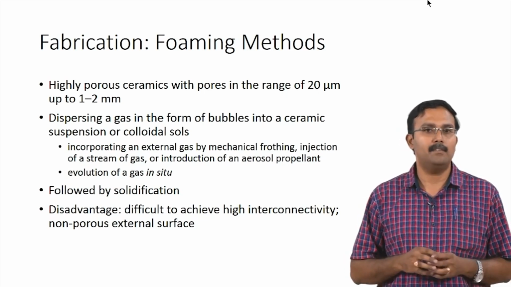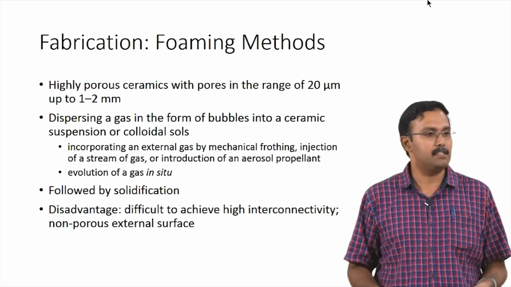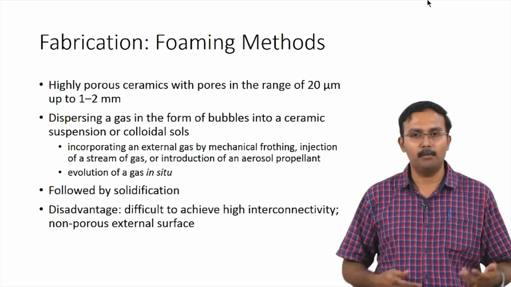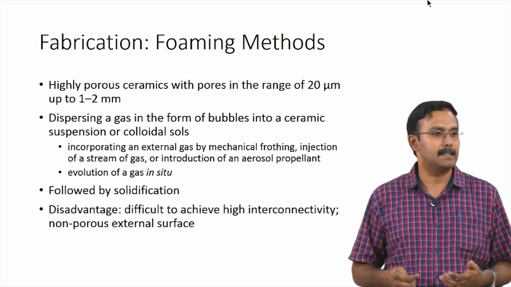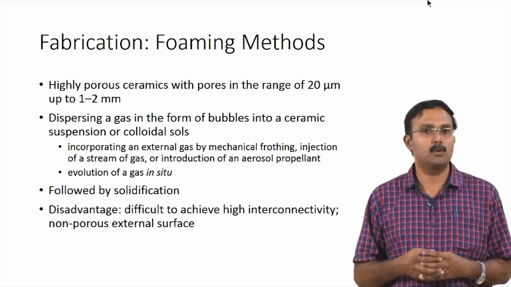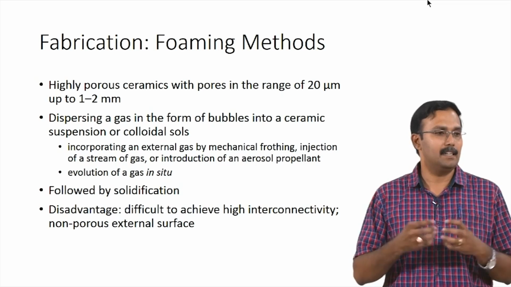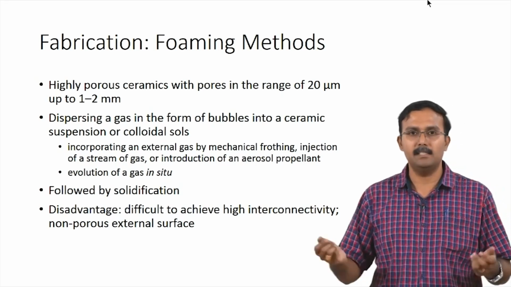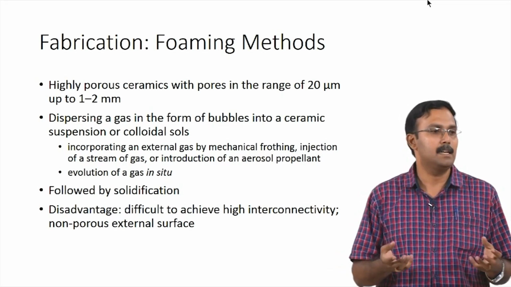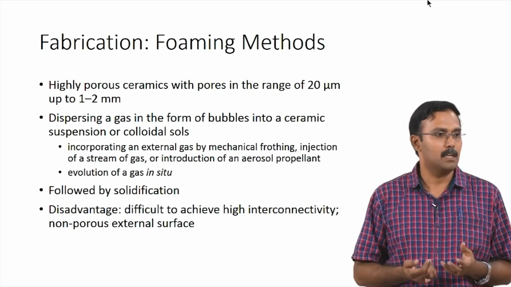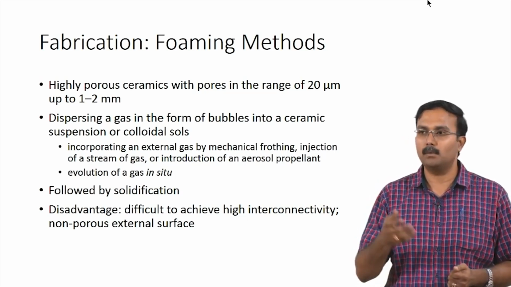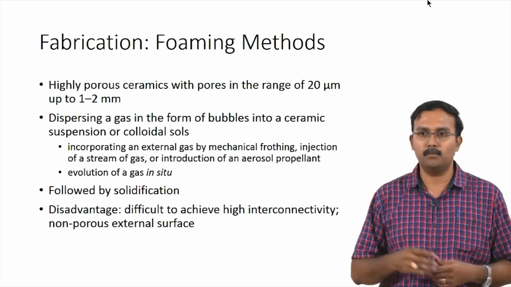You can also create evolution of gas in situ, either through in situ polymerization or techniques like that. This suspension is then solidified, and eventually the foaming agent is released, thereby creating porous structures.